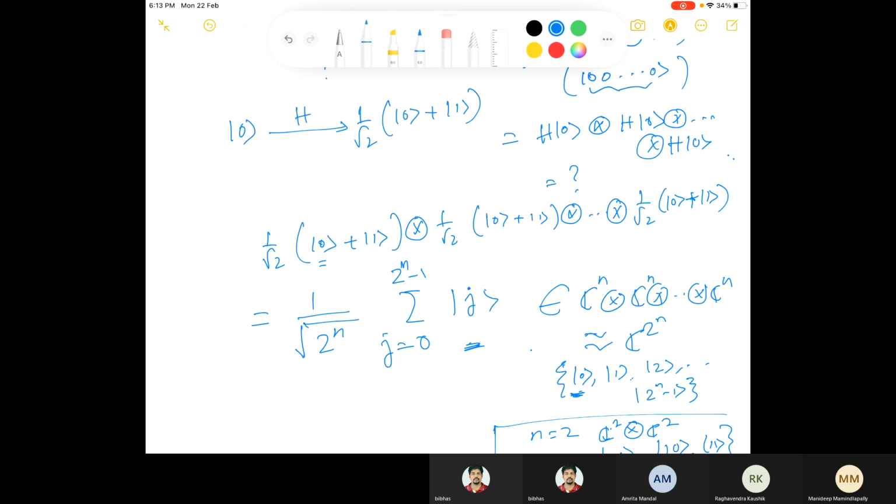So the superposition contains exponentially many terms, meaning 2 to the power n elements on the right hand side. This is exponentially many terms, but you have prepared this with only a polynomial number of operations. Only n operations we have used.